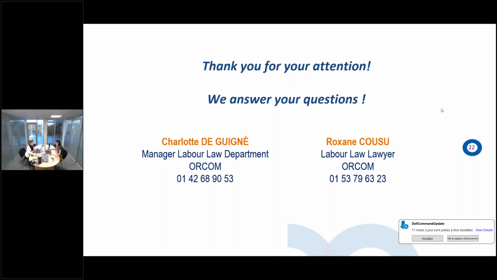So for now, I have one question. What's the difference between the protocol and the unilateral decision? Well, that's a very good question. As you could see in the previous slides of the presentation, you have two options regarding the process of the election itself. At first, you need to invite the trade unions to negotiate a protocol.